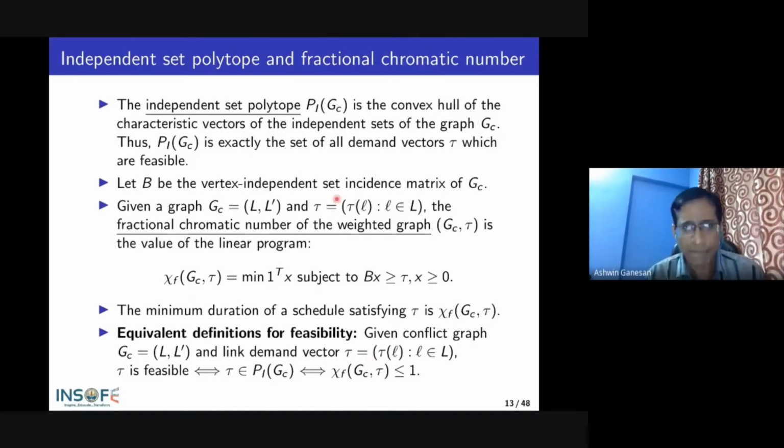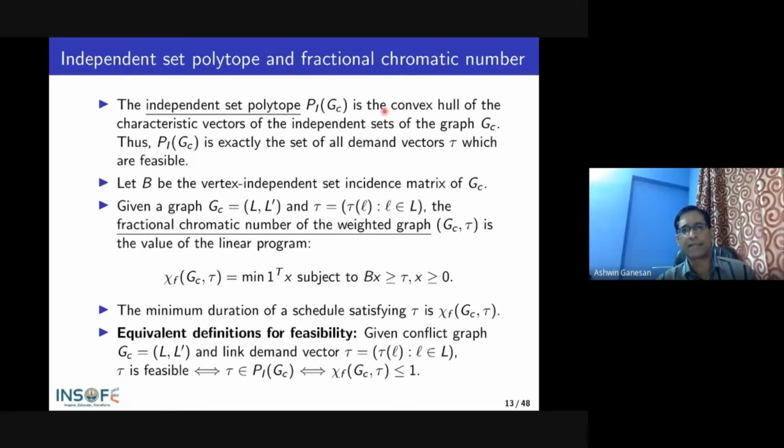So the independent set polytope, Pi, of a conflict graph is defined to be the convex hull of the characteristic vectors of the independent sets of the conflict graph. If you look at this more carefully, I'll share these slides later with the organizer, and you can also look at my papers if some of this terminology is not clear.